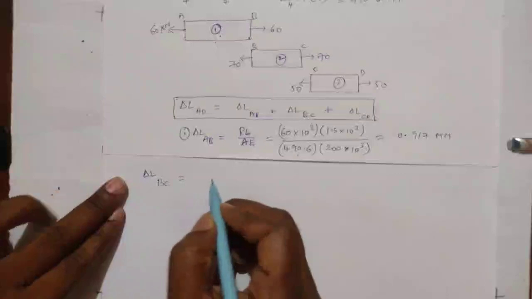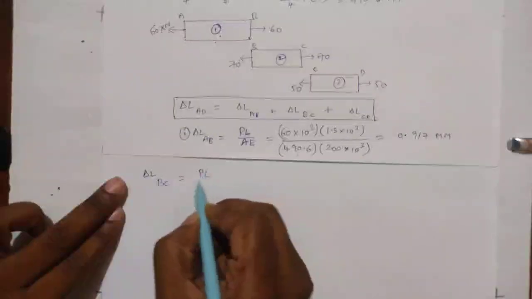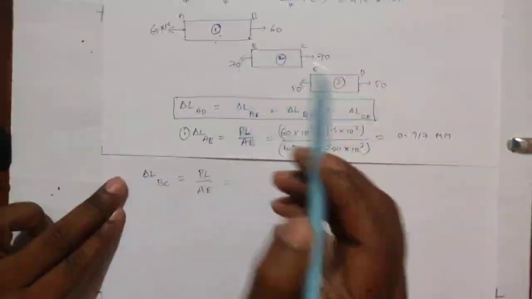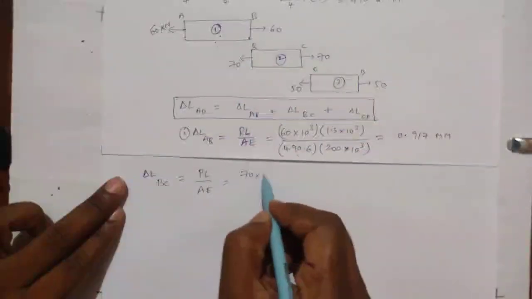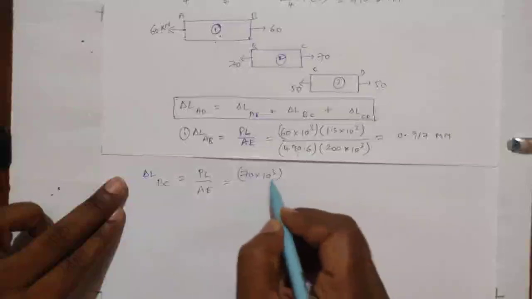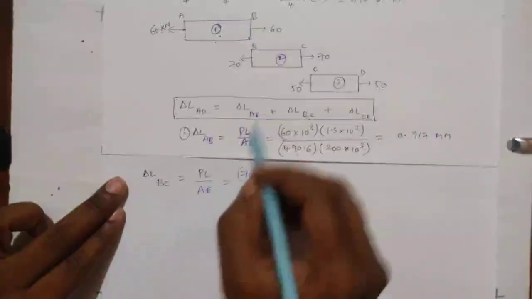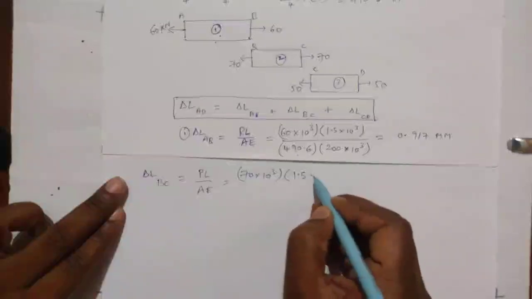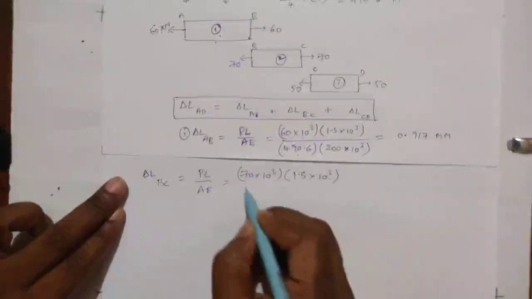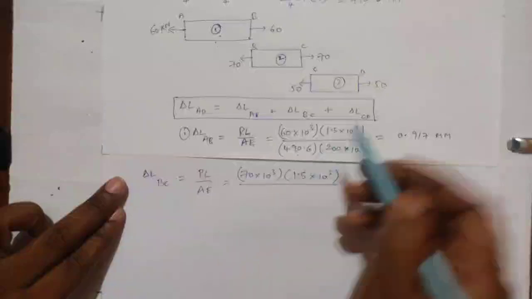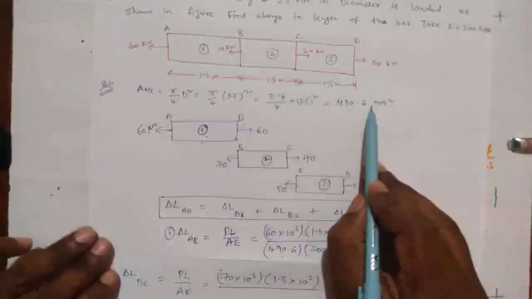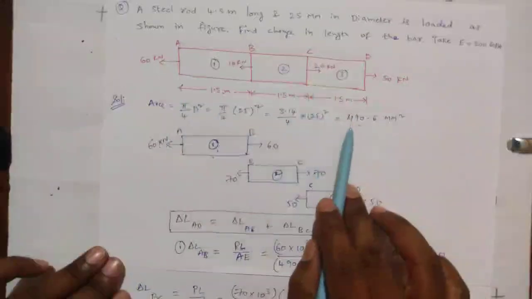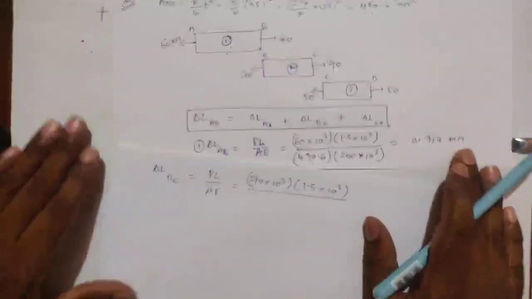Delta L of BC is equal to, here also same, PL by AE, and P, that is 70 kilonewton is acting, so 70 into 10 cube, because I want it in Newton. L is same, 1.5 meters, so 1.5 into 10 cube, because I want length in mm. Area I have calculated here, 490.6 mm square. Area is constant throughout the length, so 490.6 I am taking here.